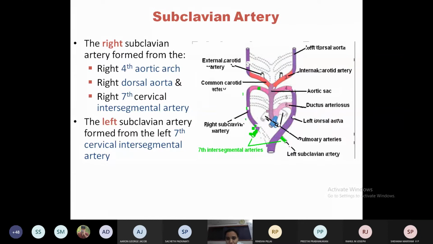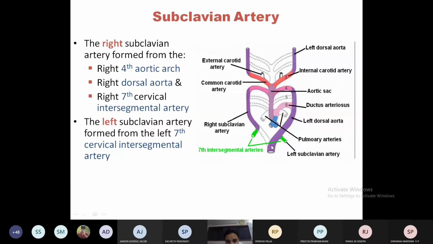Subclavian artery. On the right side, the subclavian artery's proximal part is formed by the right fourth aortic arch, and the middle part is formed by the dorsal aorta. In the lower part the cervical intersegmental arteries will be there.